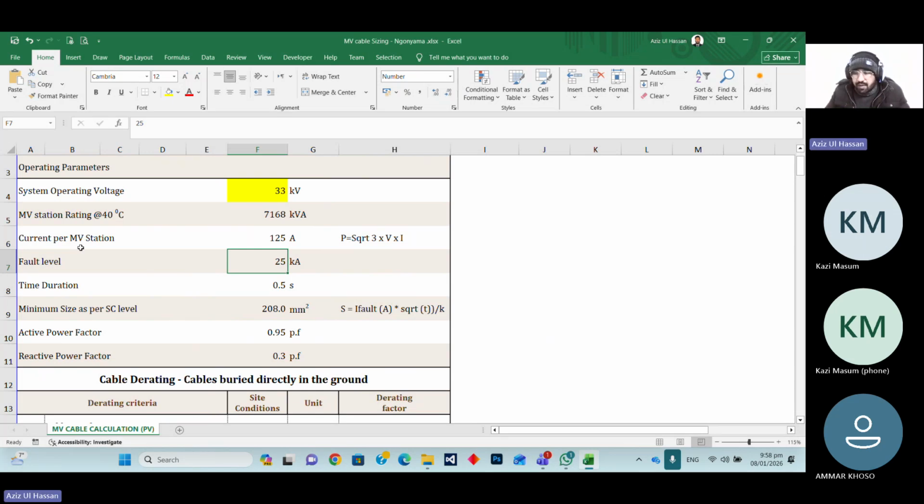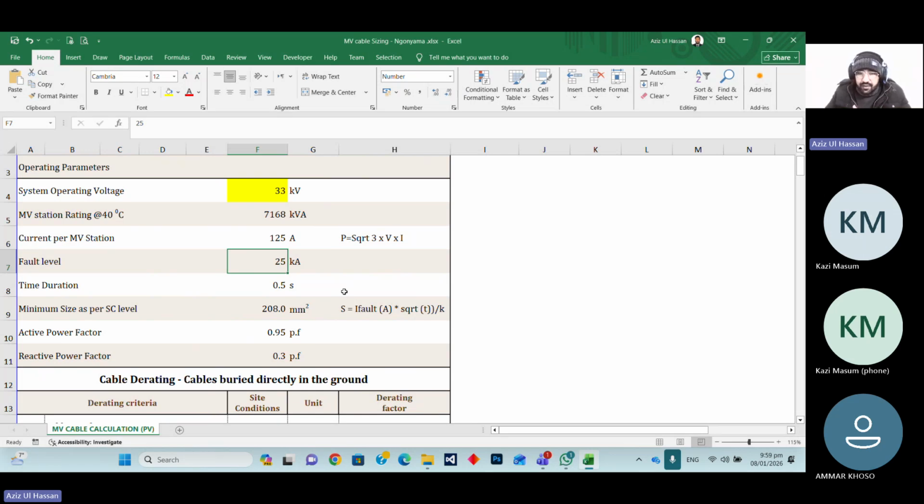The maximum current will flow from the main output substation transformer to the MV cables and other cables, and they will be damaged. Maybe it will travel for 1 second, 0.5 seconds. So we size it for 1 second, or it should be for 1.5 seconds. This is where we get the fault level, fault current.